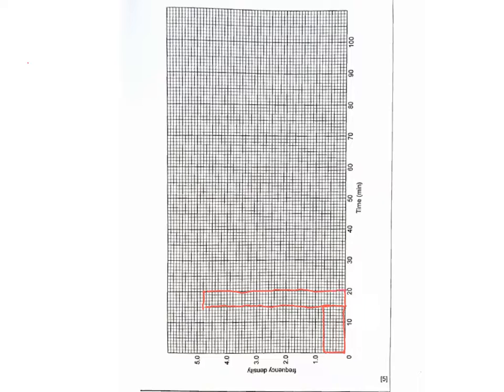This is your bar. And then we have 20 to 45. That is 1.9, just before 2. And then you go until 45.